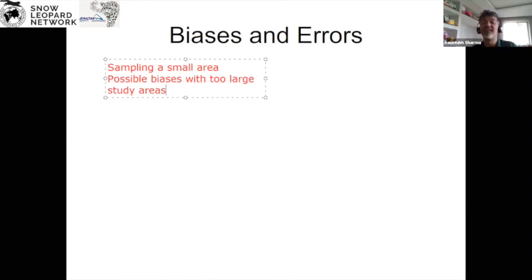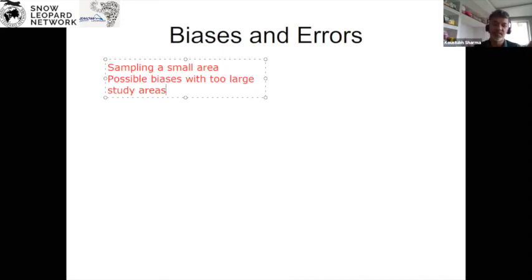So that's the key point we need to consider here, is that larger areas, if you have sampled them well enough and there's no bias in your sampling per se, that you're not going, oh, I can't go to these difficult areas, I won't sample there, I will only sample in the easy to go areas, then larger areas don't create an error or bias. They only make it more difficult.